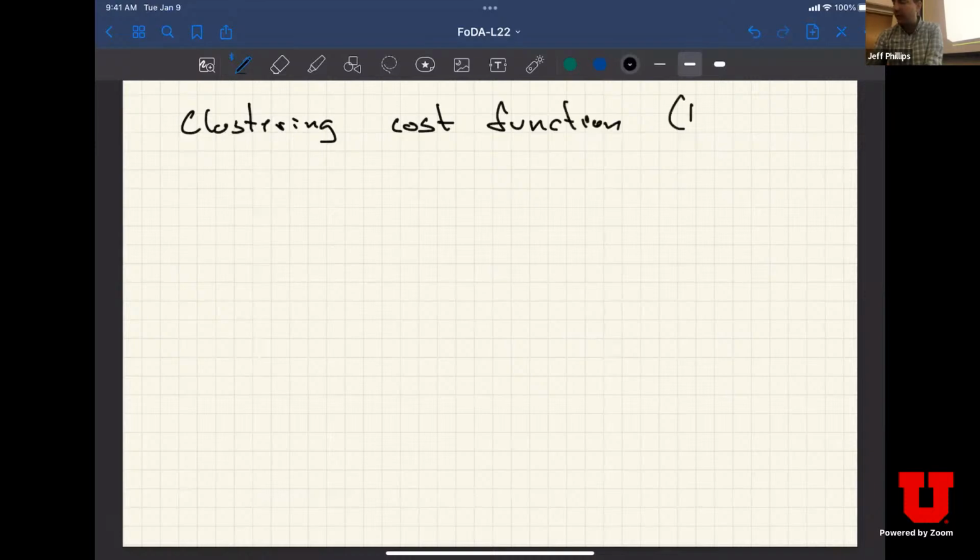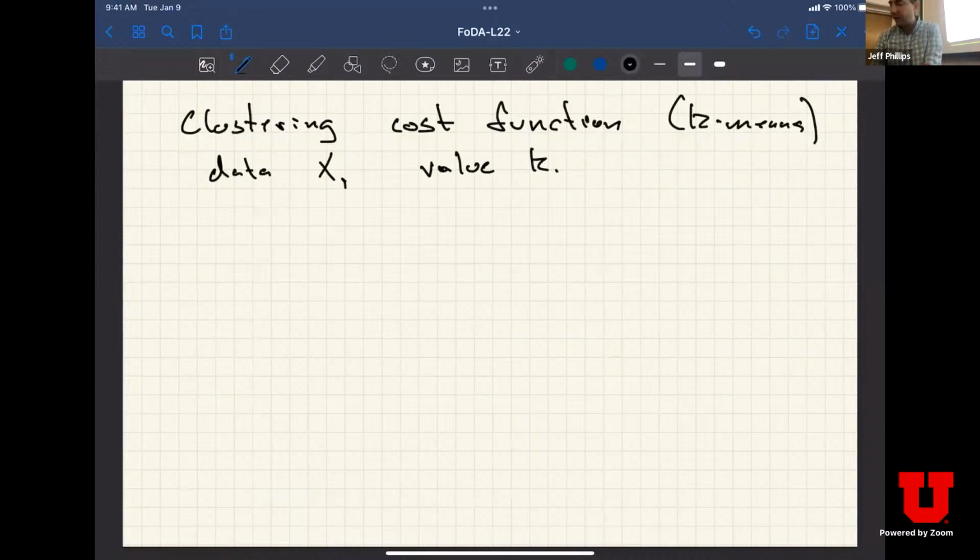This will be the k-means one, and we'll come back to this and talk about some generalizations of it. But we're going to be given some data x and a value k.